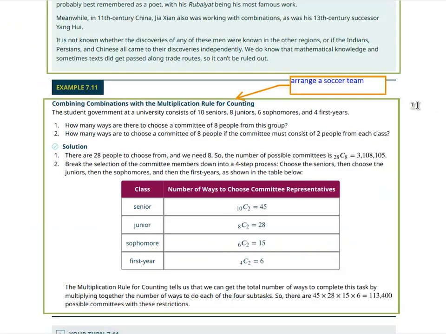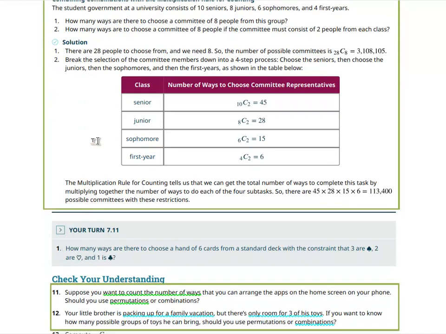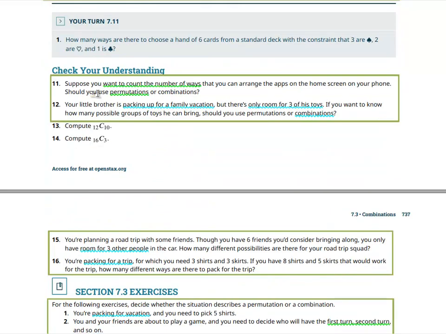All right, let's look at the rest of this. Again, I have underlined what I'm pretty sure permutations are and what combinations are. So when your little brother is packing for a family vacation, only room for 3 toys. Well, it really doesn't matter how he arranges the 3 toys in the luggage.